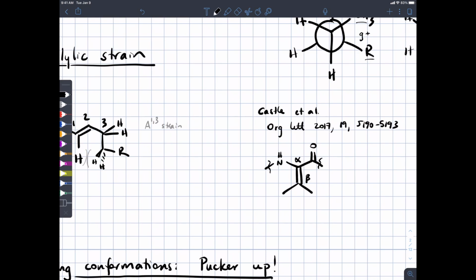And in particular, Professor Castle's group is interested in bulky dihydroamino acids. And they're interested in them because they believe they can restrict the conformational freedom of nearby residues. These dihydroamino acids are predisposed to certain conformations.